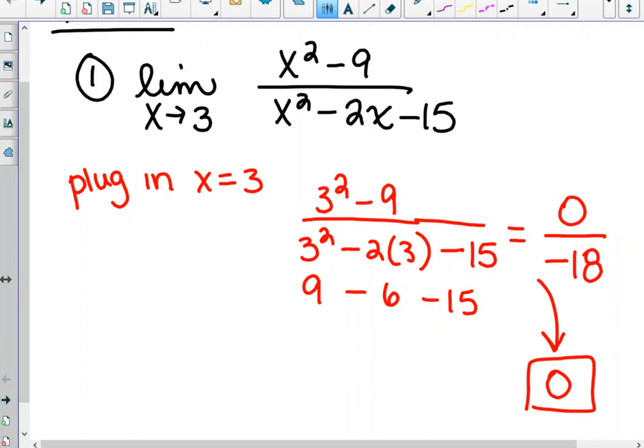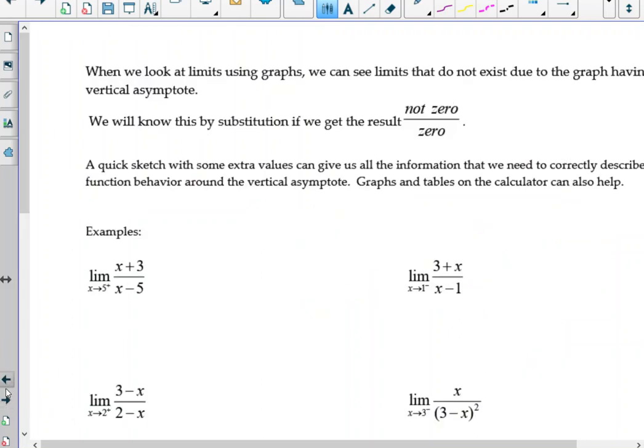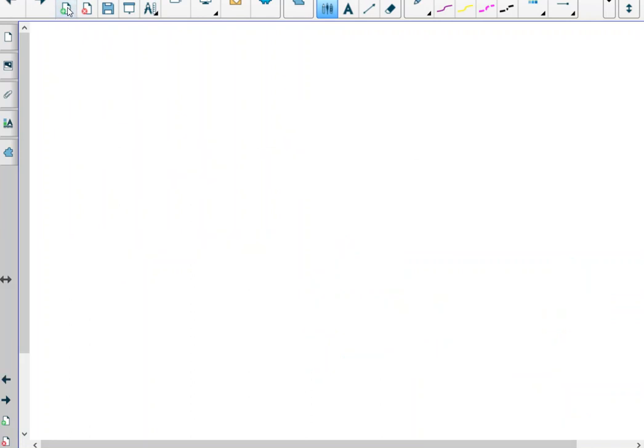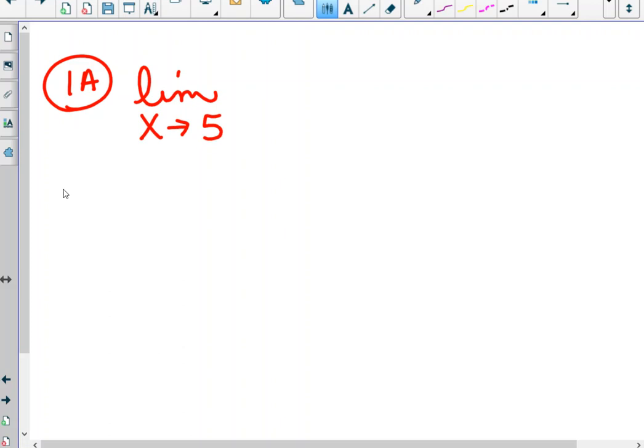So let's try this again. I meant for it to be a 0 over 0 problem. So let's see if I can generate one that actually works. Let's try that again. Let's add another page. Okay. 1A. How about this? How about the limit as x approaches 5 of 2x minus 10.